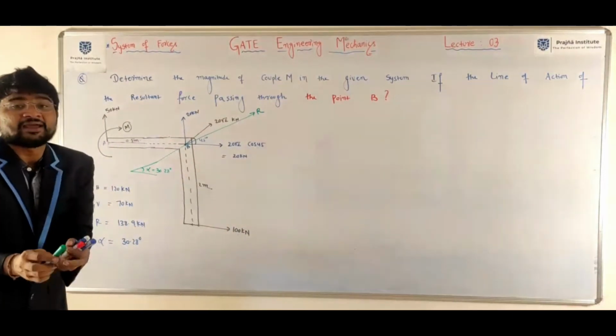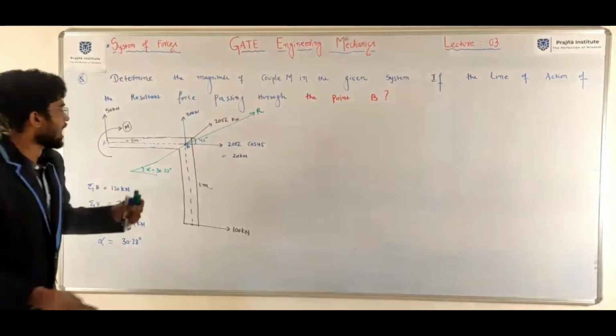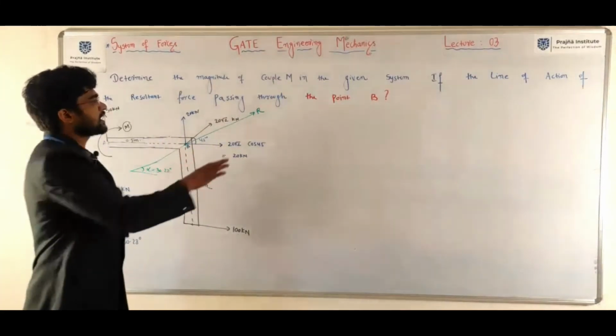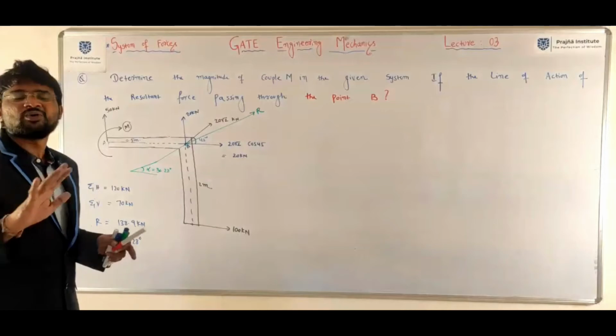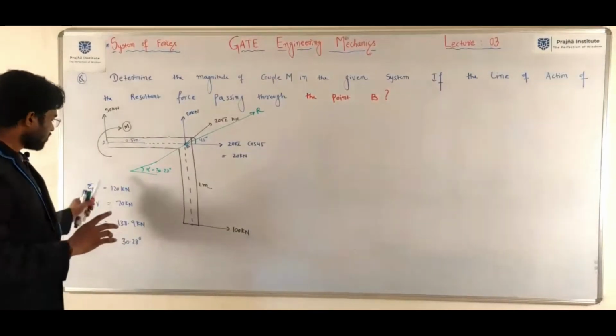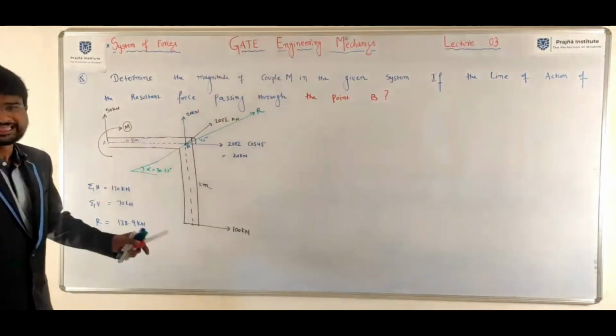Now we can apply Varignon's theorem about point B. No need to calculate the magnitude of R, alpha, nothing.